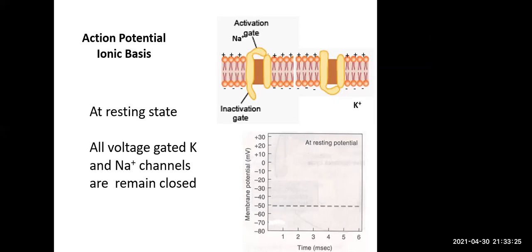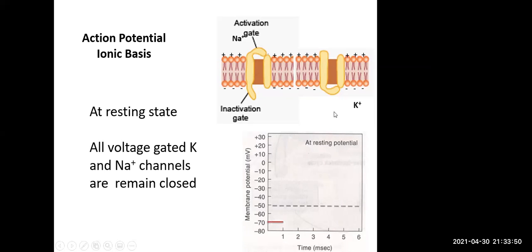Outside you can see plus, inside you can see minus. Based on this electrochemical gradient, there will be movement of ions. At the resting state, sodium is more concentrated outside, so it will remain outside, and potassium concentration is more inside, so it will remain inside.